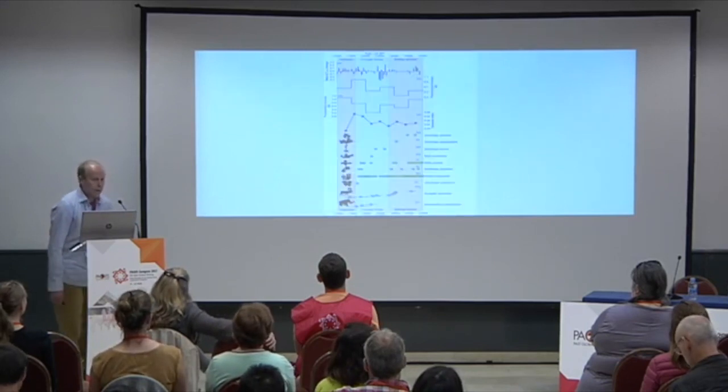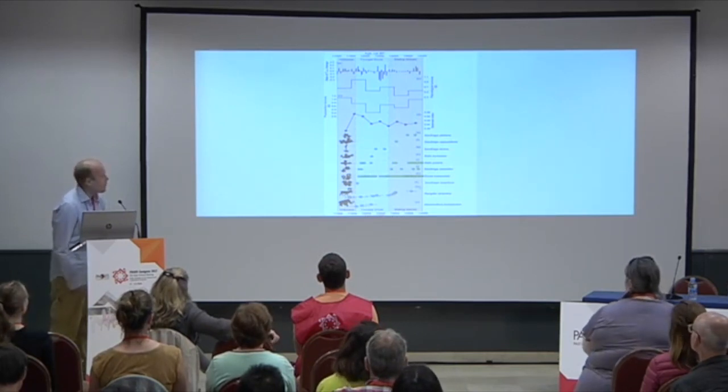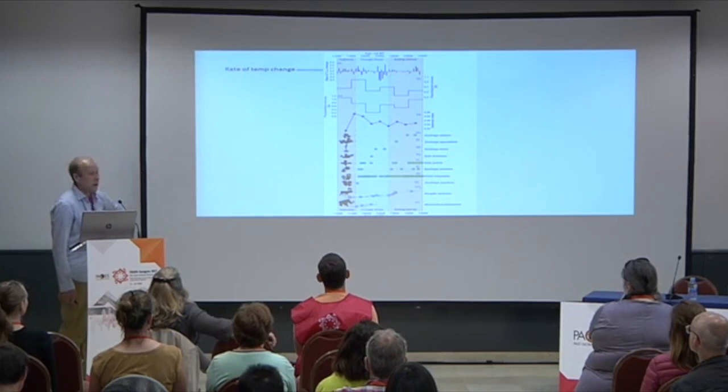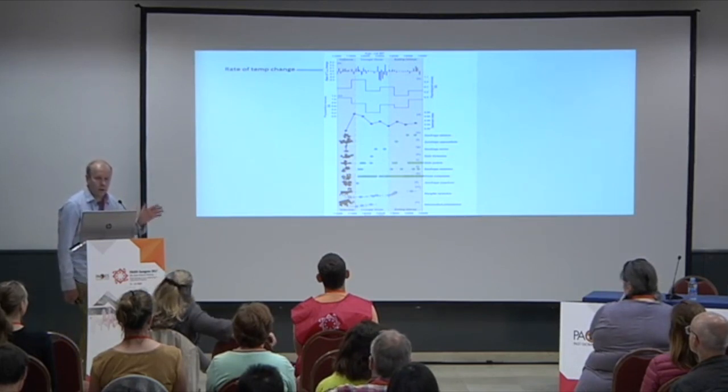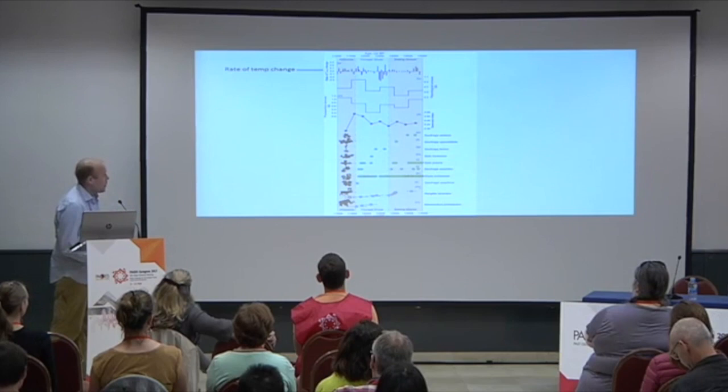Okay, here then are the results, and all the results are here in one composite output. First, this is the rate of temperature change, as I showed earlier. The bars indicate how quickly the temperature was changing. Either it was getting colder, or then it was getting warmer, as it was getting warmer in the Younger Dryas Holocene transition.